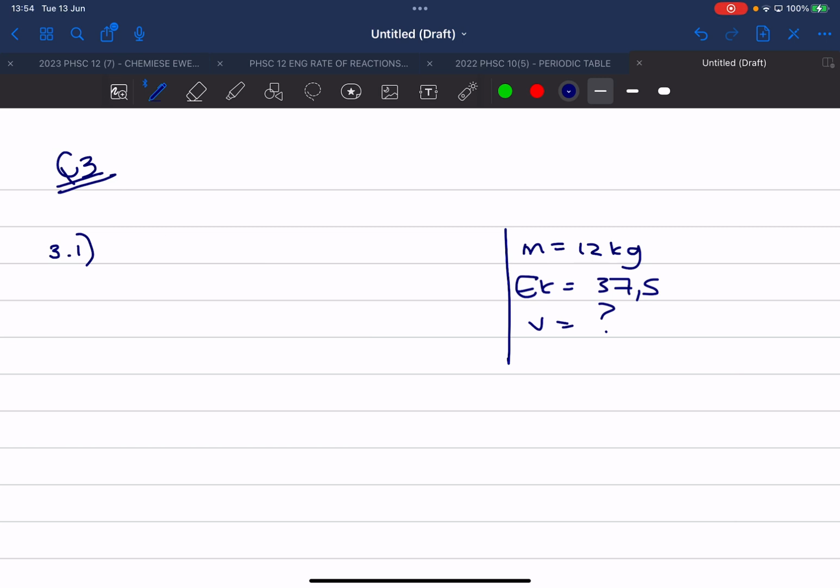As jy kyk na die kinetiese energieformule, then you see, I have energy, I have mass, then I can calculate the speed. So die energie is 37,5, die massa is 12 en ek soek die spoed.